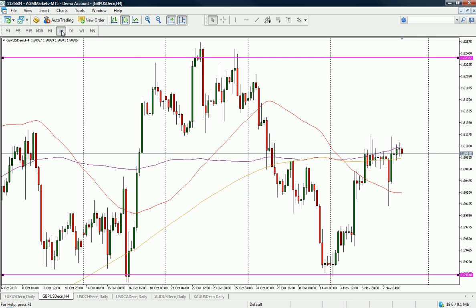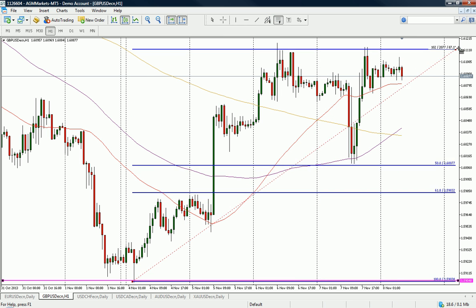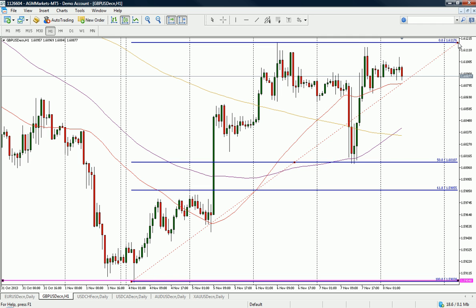In terms of shorter term, very choppy around here on the 4 hour. On the 1 hour, there's a decent move yesterday in terms of fib retracement. You can see the low to the high here, lovely bounce off the 50% retracement and 100 SMA.